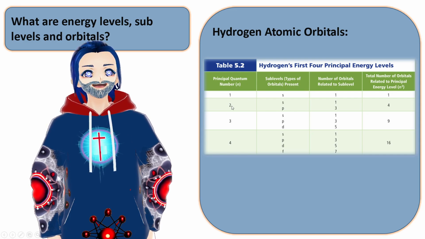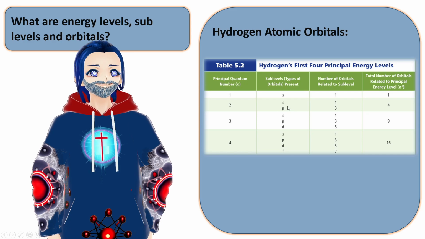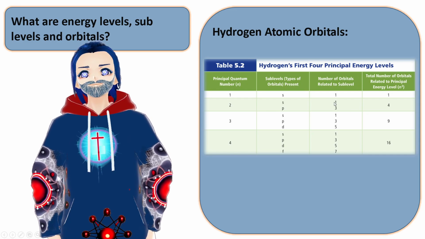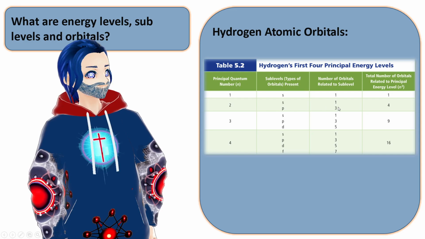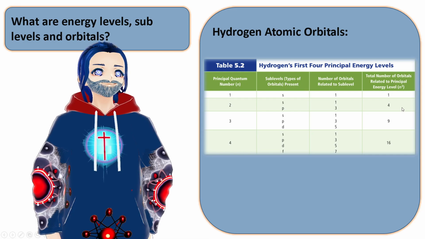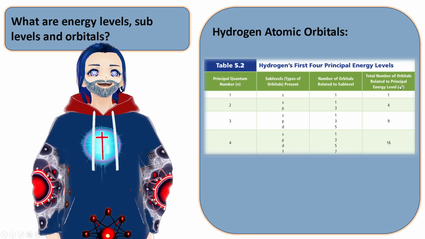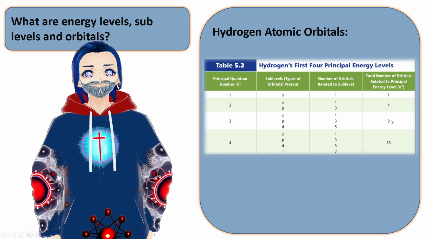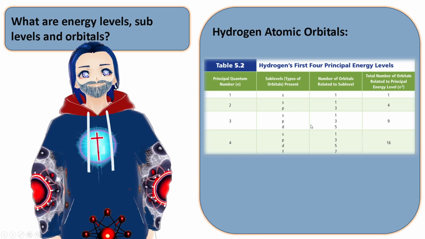Okay, you go out to the next energy level, and again, it's an s, but it also has a p orbital, s and p. There's 1 orbital in the s orbital, there's 3 orbitals in the p orbital, and again, we'll talk about that more, and the total number of orbitals in the energy level is 4.